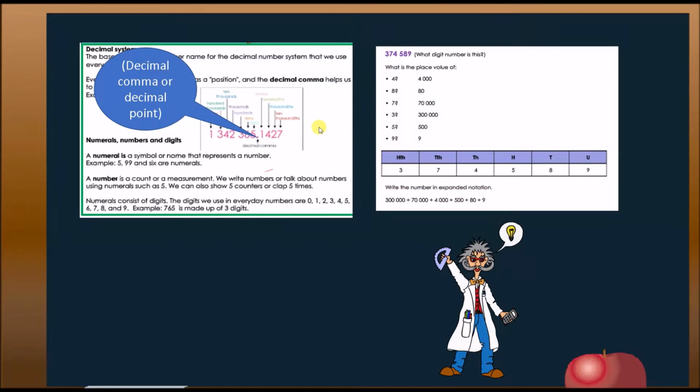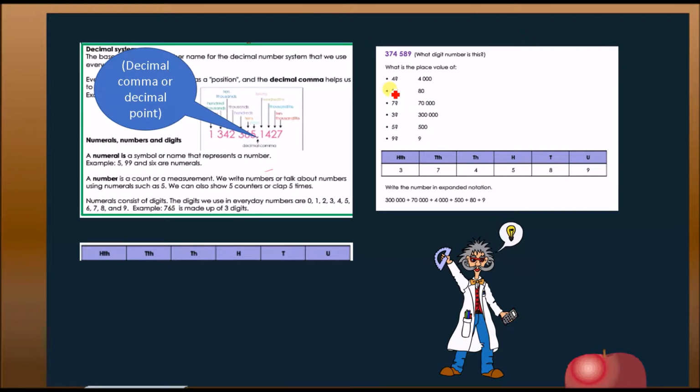Let's look at the number 374,589. What is the place value of each one of these digits? Let's run them down. The 4 is in the position of 1,000, so it should be there.